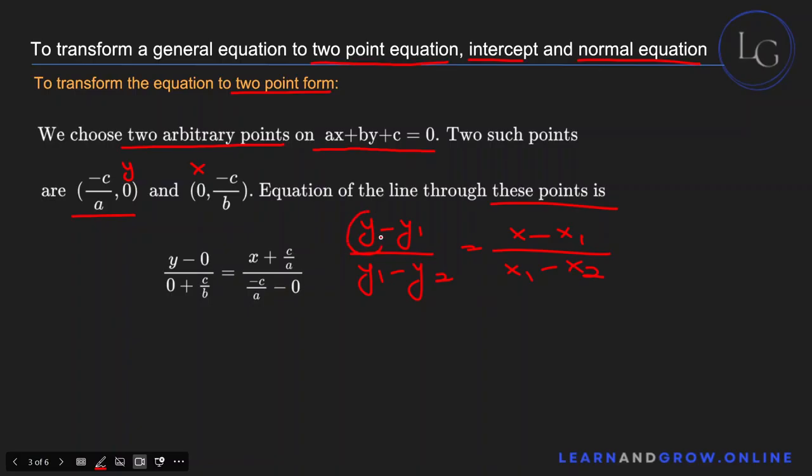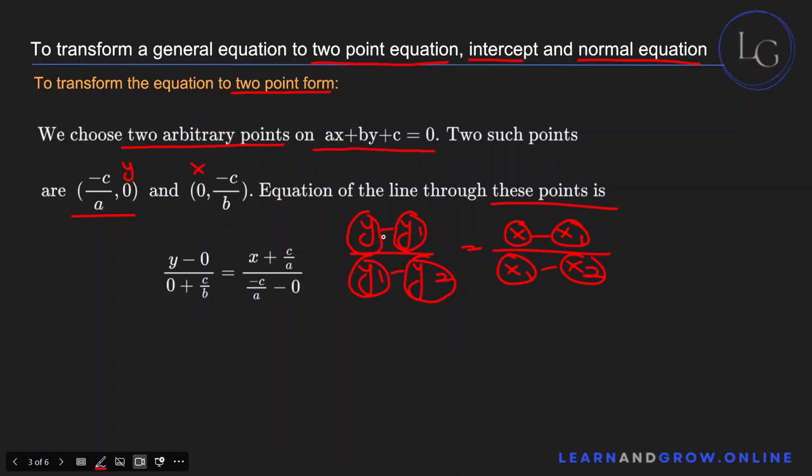This y is the arbitrary y that we put into the equation, and this x is also the arbitrary x that we put into the equation. They're just variables. And this y1 and this y2, these are given to us as points. Similarly, this x1 and this x2 are also given as points.